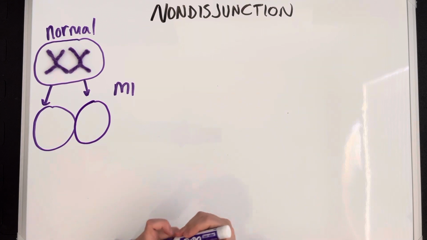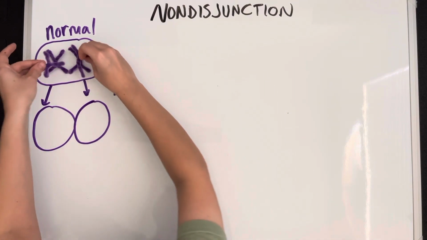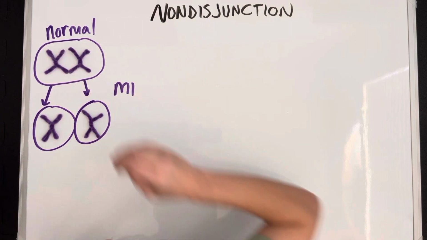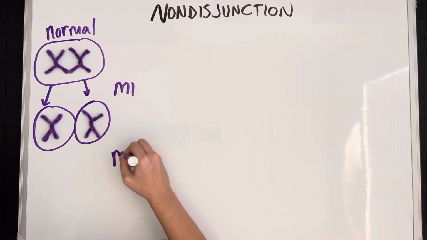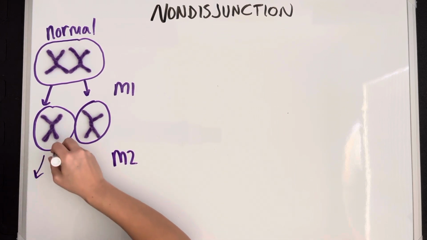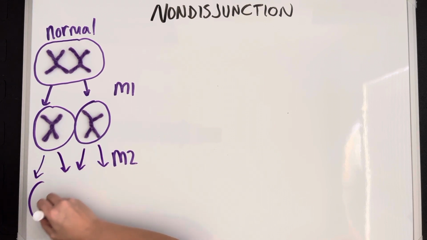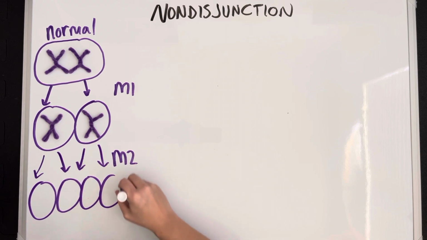Whatever, who cares? So our homologous pair here, they're going to separate and go into individual cells. Then we'll undergo meiosis 2. Each of those will make 2 cells. They almost fit.